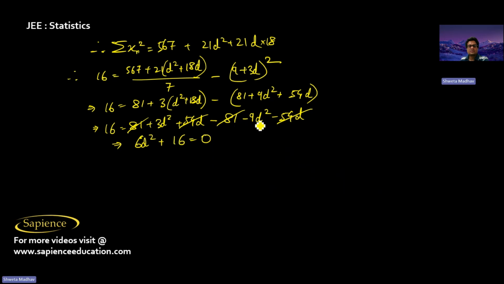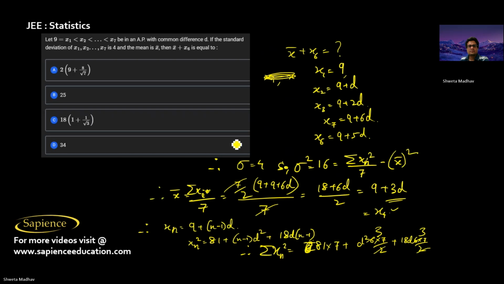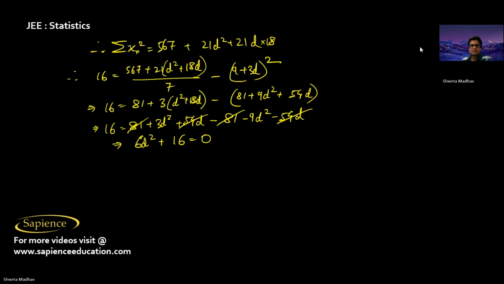So this is minus 6d square. Minus mean square. Equal 1 plus 9d square plus.